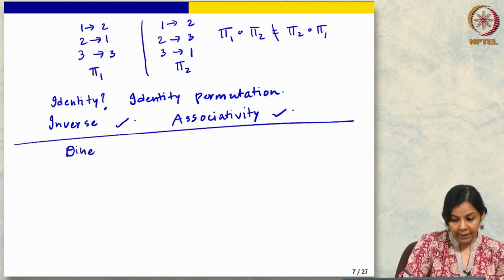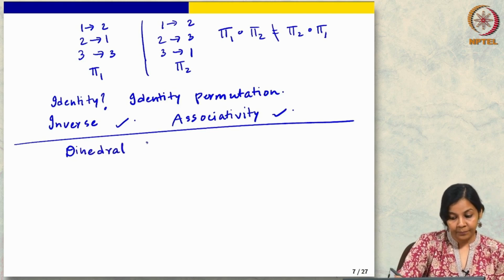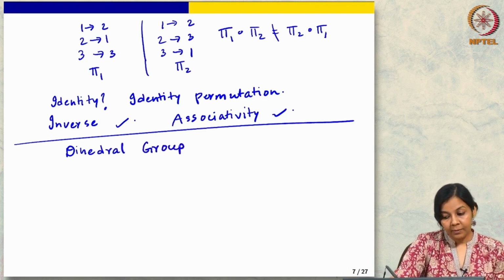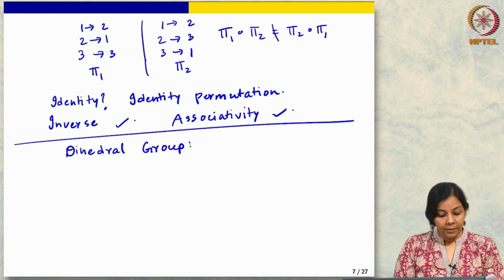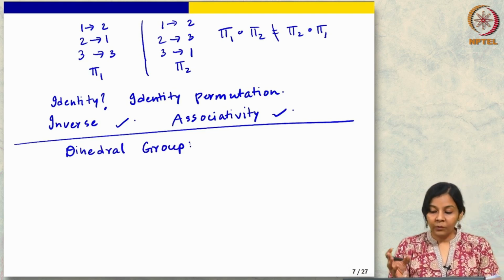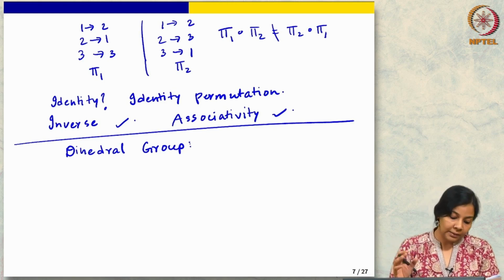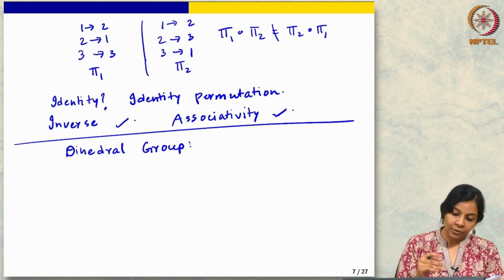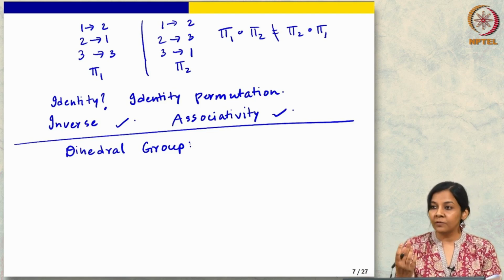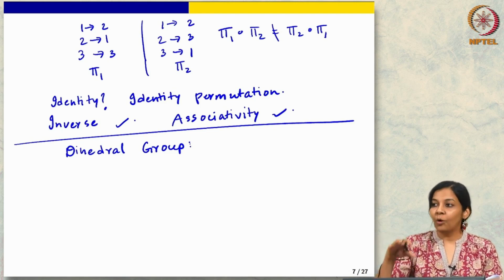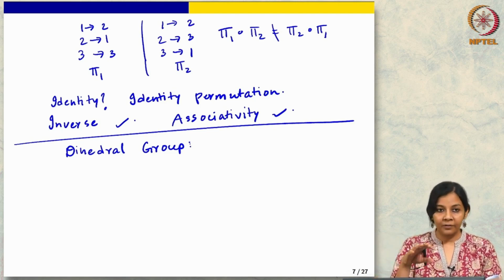So this is the dihedral group. So this is also a group of permutations, but now with a certain structure. This is the set of automorphisms or self isomorphisms of n cycle graphs.